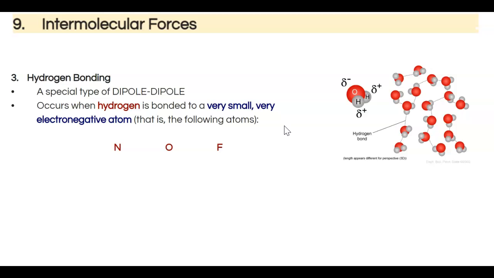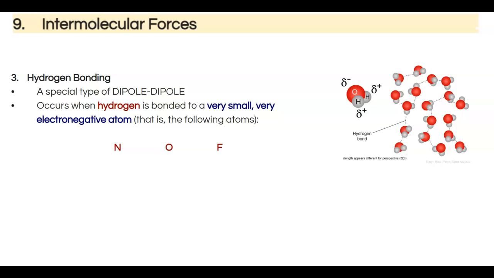Nitrogen, oxygen, and fluorine. So when these atoms are bonded to hydrogen, we create molecules that are very, very small and therefore can kind of get jam-packed closer together. One way to think about this is sort of like magnets. If you have magnets with opposite poles, the closer you draw those two magnets together, the stronger you feel that force of attraction.